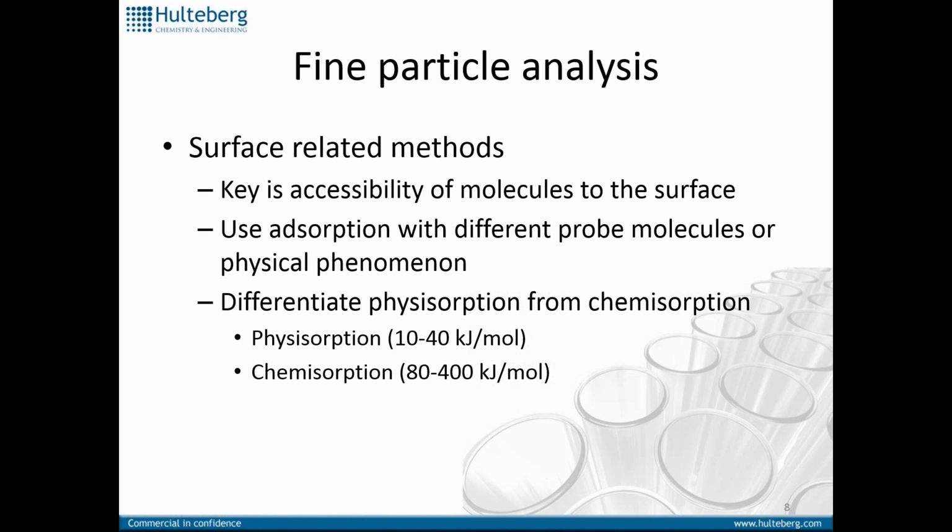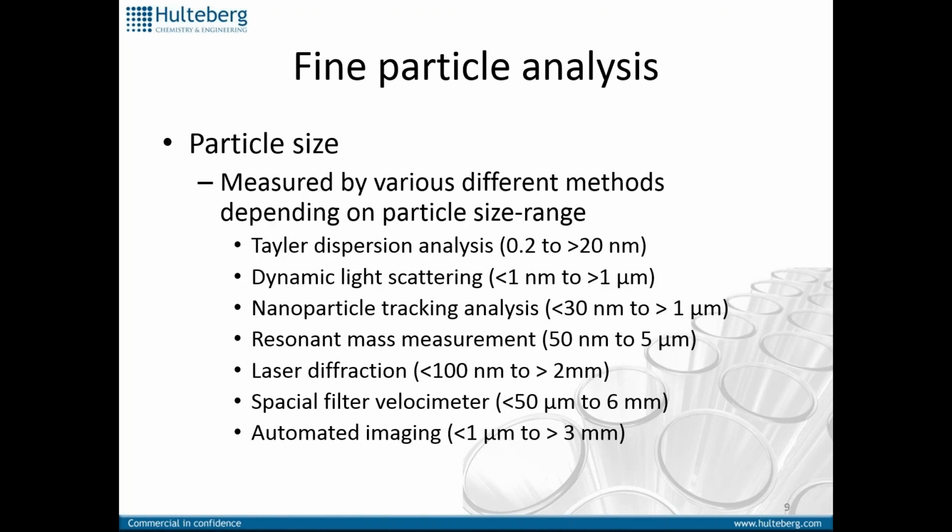So you won't get information about parts of the catalyst that are completely enclosed, which you can get from analyzing the material using spectroscopic methods. We use adsorption with different probe molecules, or we rely on physical phenomena. It's an important distinction in this field also between physisorption and chemisorption. But let's start with measuring particle size.